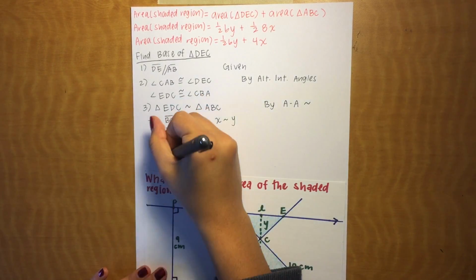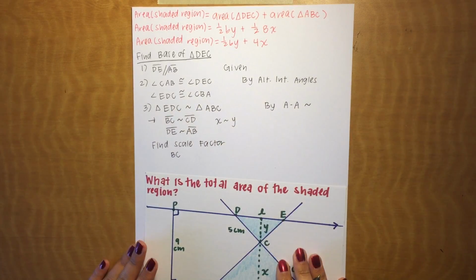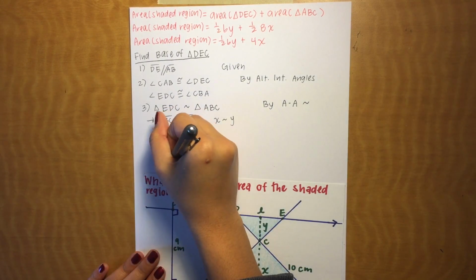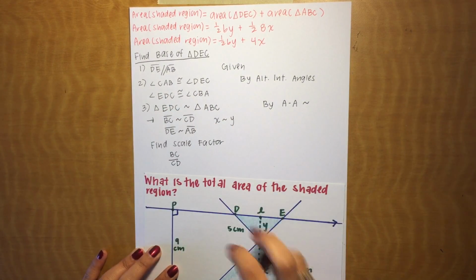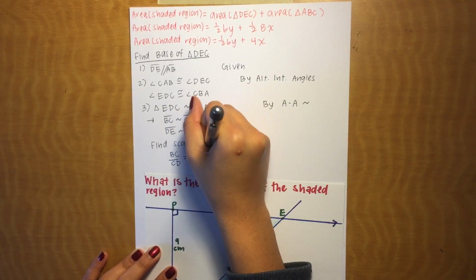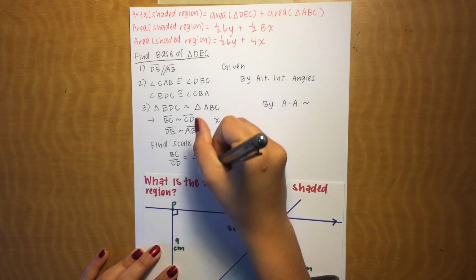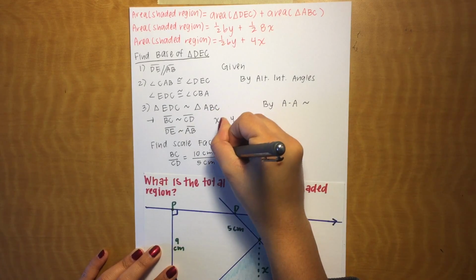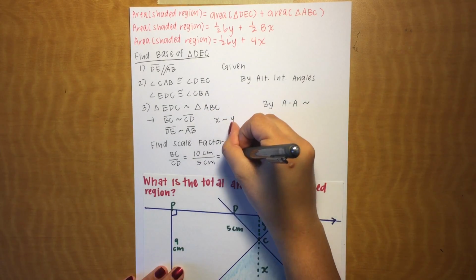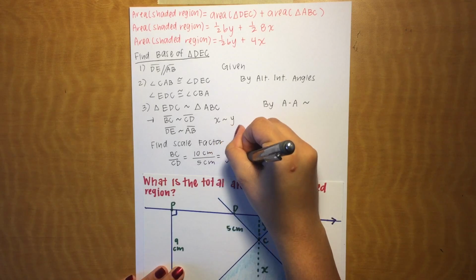If we do BC over CD, which is equal to 10 centimeters over 5 centimeters, this is going to be 2. So the scale factor is 2.